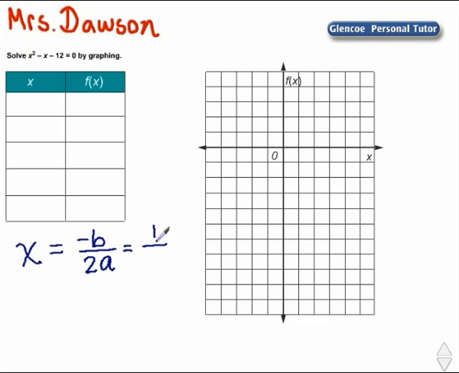So 2 times 1 gives us 2. So the axis of symmetry for this parabola is the vertical line x equals 1/2. So at x equals 1/2, we'll put a vertical line.